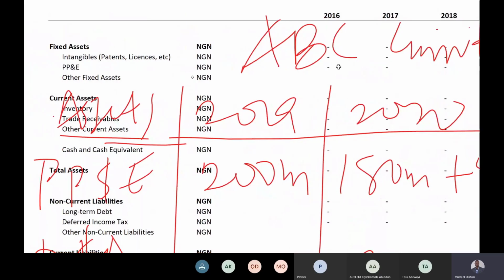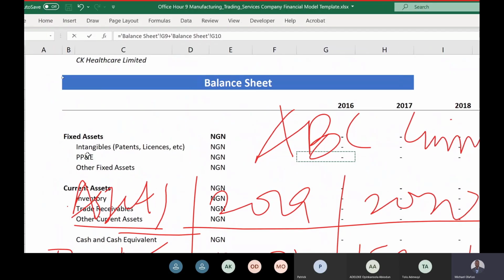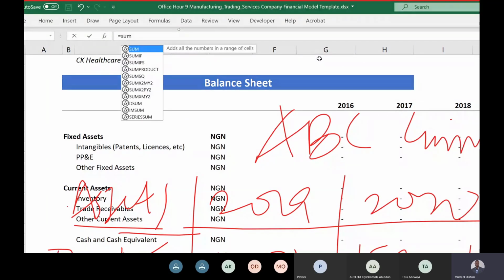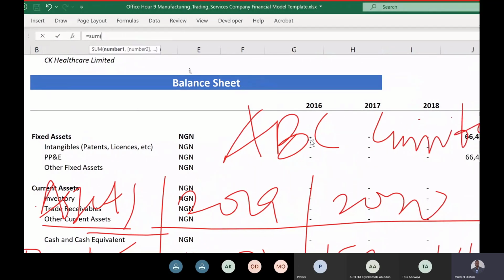So I'm going to say, okay, is the summation of this plus this for this year. No, let me rewrite that. Summation of the intangible and this.